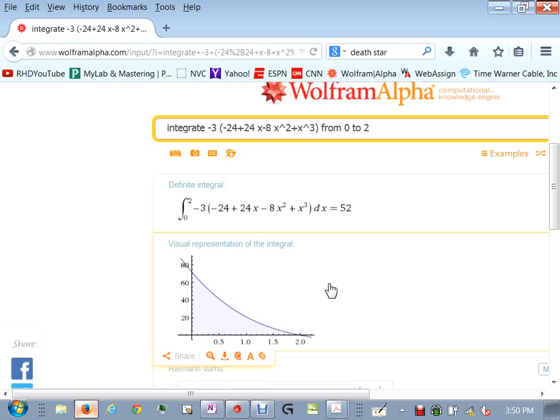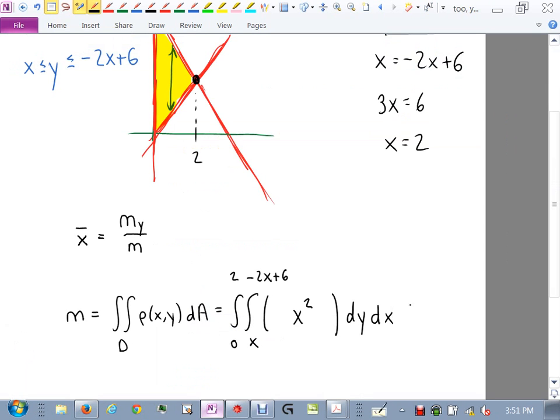I'm trusting that I didn't screw up that first one, but I'm just showing you that's a way you could check to see if your stuff's working out right. All right, so that's the mass. Okay, so now I'm going to put here maybe 52.